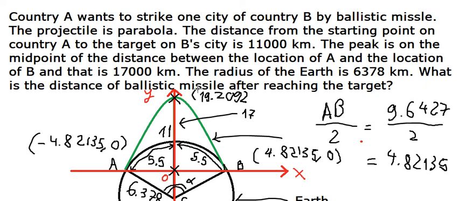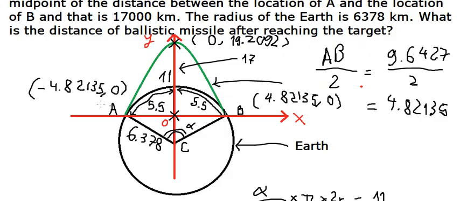This is for y. And x should be 0 in here. Then this is y. After we have 3 coordinates of the parabola, we can create the formula of this one.